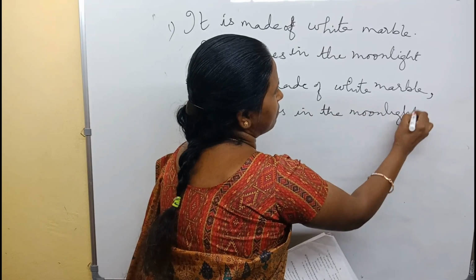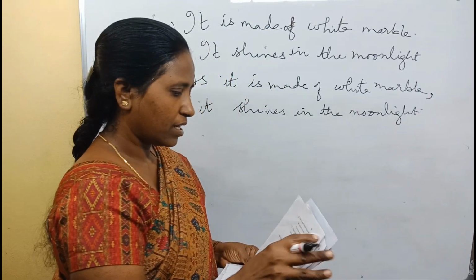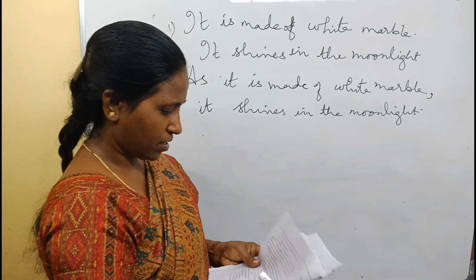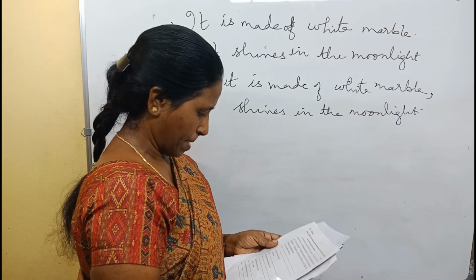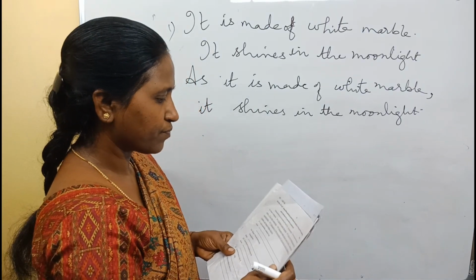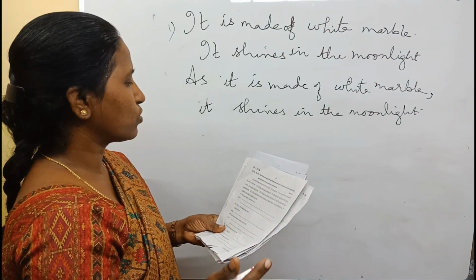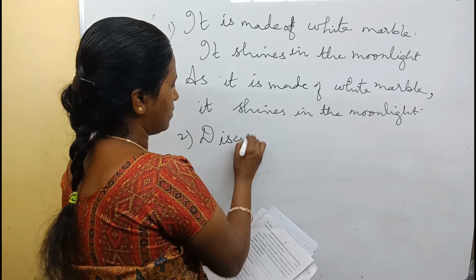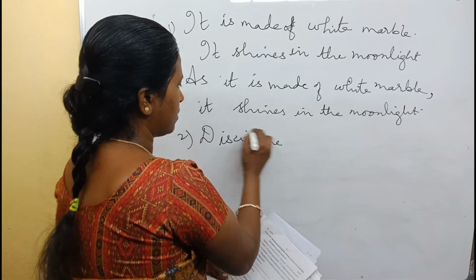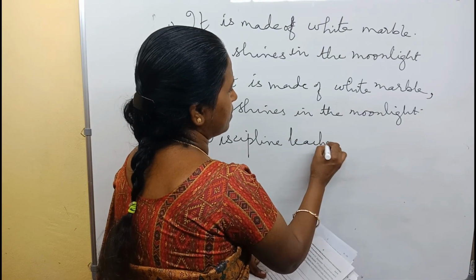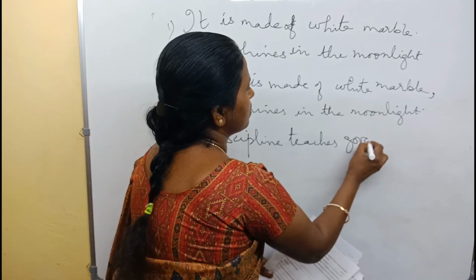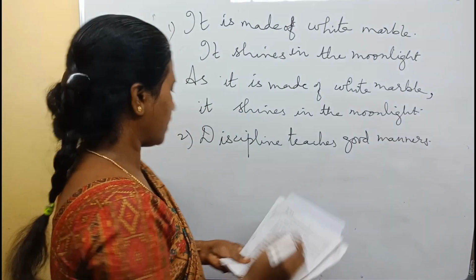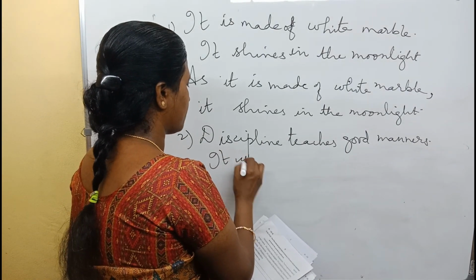Okay, let's see if we have one more sentence in the next paper. Okay, here it is not there. Here it is there. Discipline teaches good manners. Okay, it is very essential.